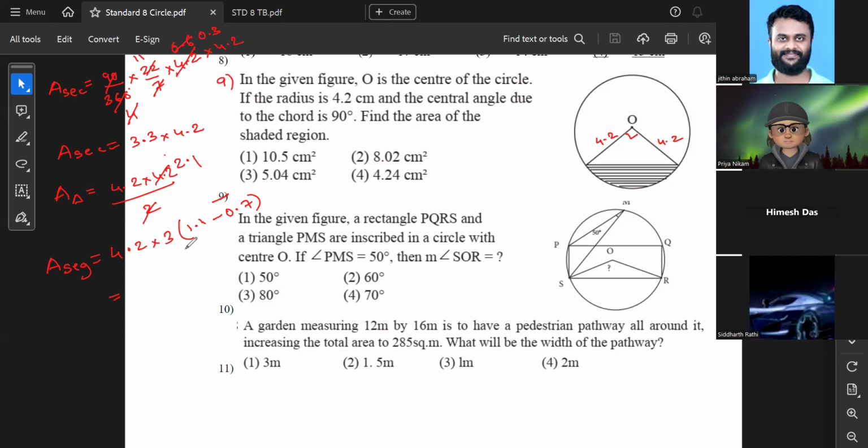So that will give me 4.2 into 3, is how much? 12.6, right? Yes. Multiplied by 0.4. 12.6 multiplied by 0.4 gives you 6 fours are 24, 2 carry, 12 fours are 48, 52. Oh yes, 504, the decimal will come after 2 digits. Yeah, 5.04.